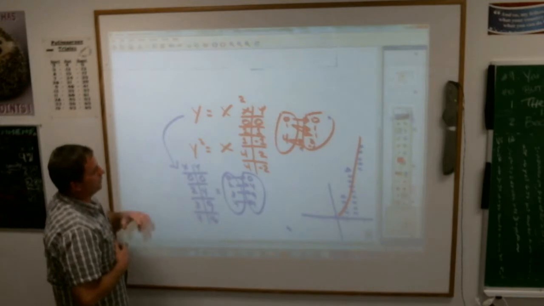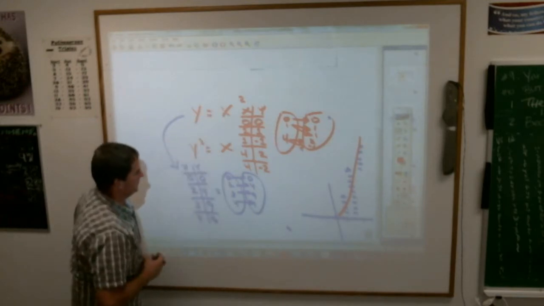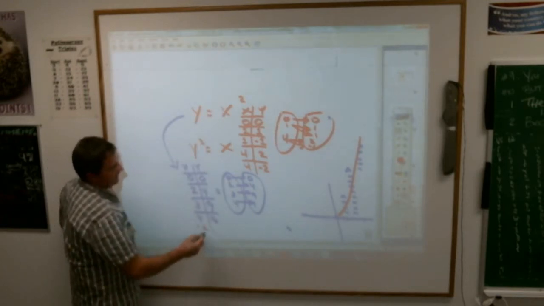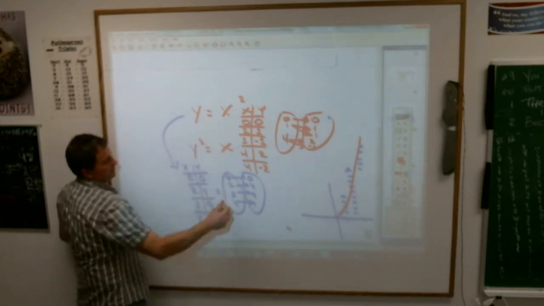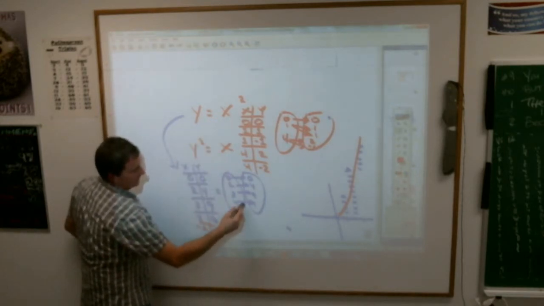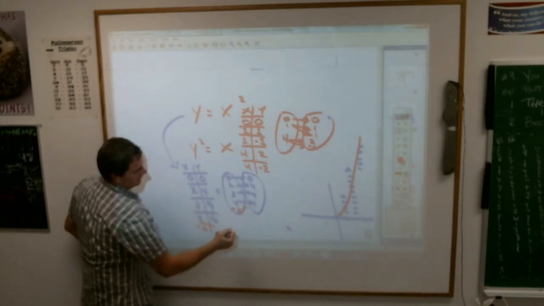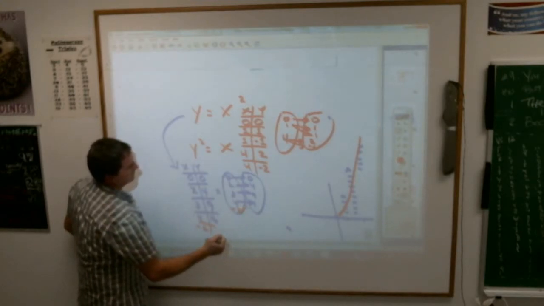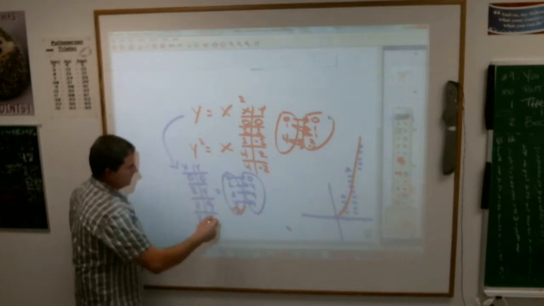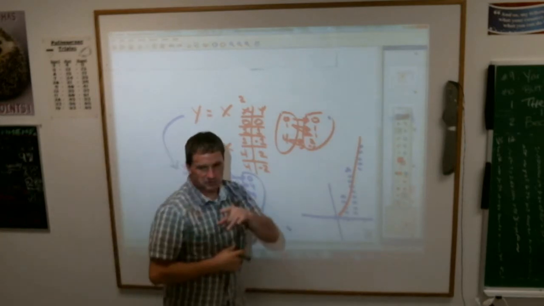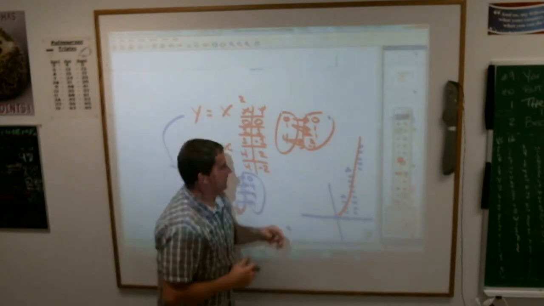Oh, and we should have done for this one here, if I would have put negative 2 in for x, what is negative 2 times negative 2? Jake, what was your question? I said so. It's not a function.